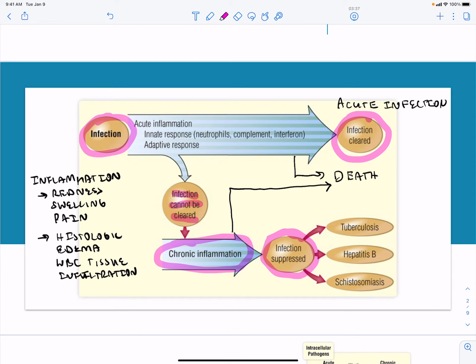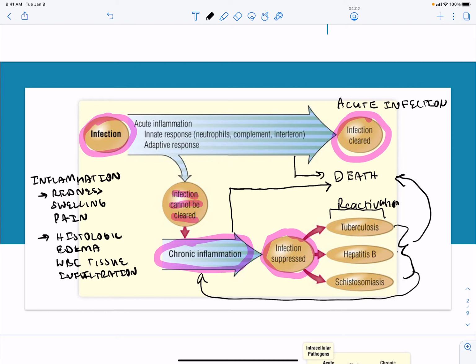If you go to a chronic phase in any of these diseases, you don't clear the infection. The infection is still in your body, but your immune system is able to keep it in check. And then in all of these diseases, you can have points of reactivation. That can lead to, of course, two outcomes: you go back to a chronic inflammation state and suppression, or you go to death. And so all these are going to be intertwined.